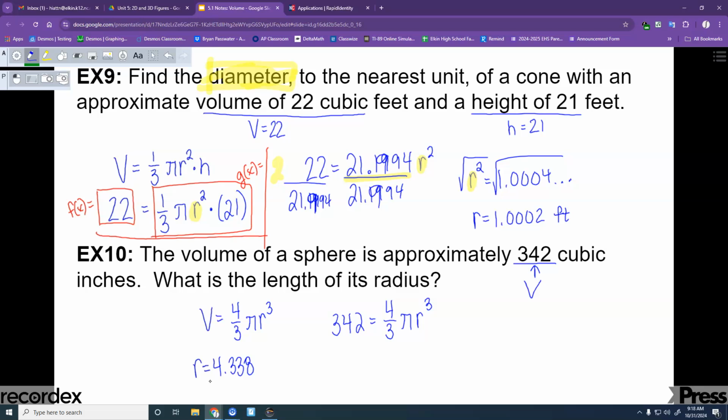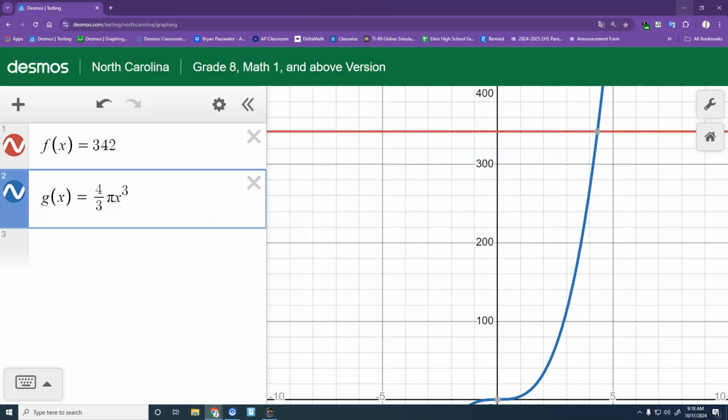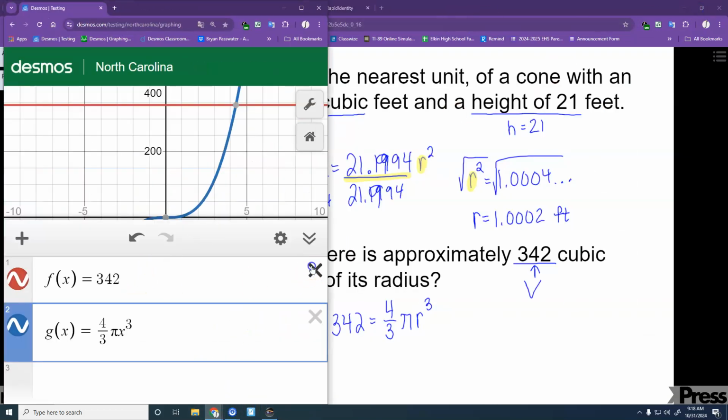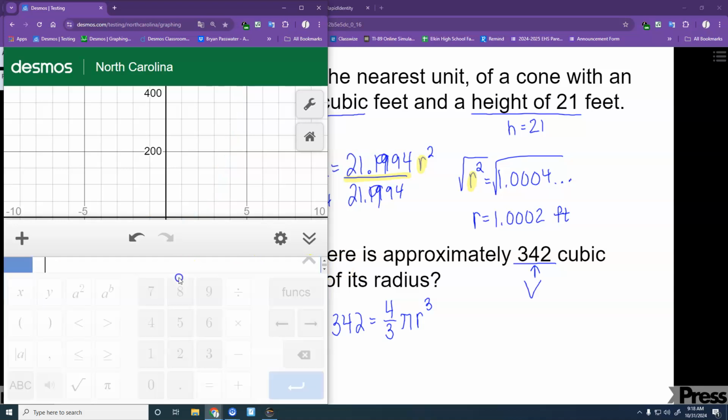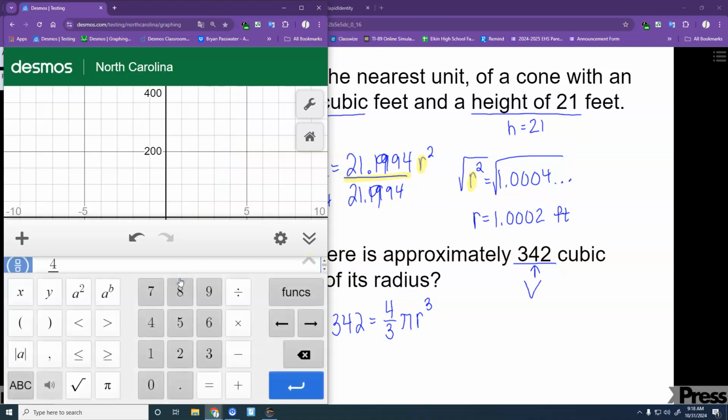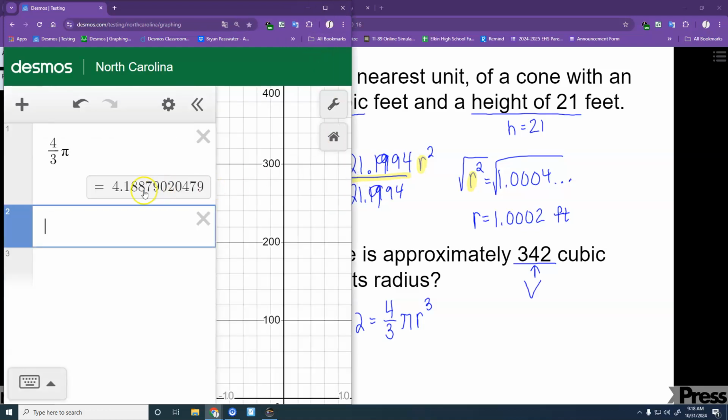It's really not all that terrible by hand. So 4/3 and pi are just numbers, right? So on Desmos, I could just do 4/3 times pi, and I want that to go away. And if I do 4/3 times pi, I get 4.1887.